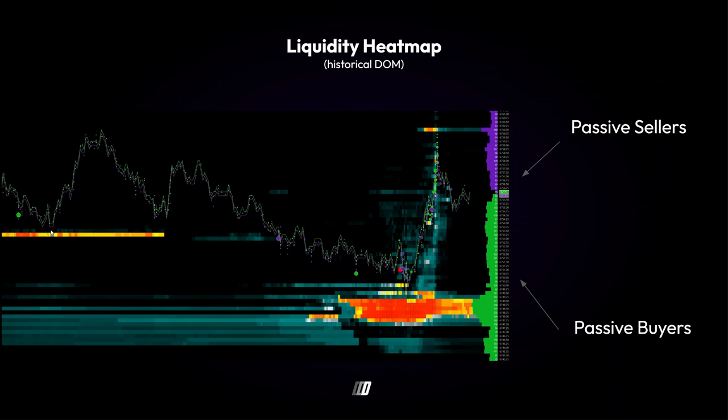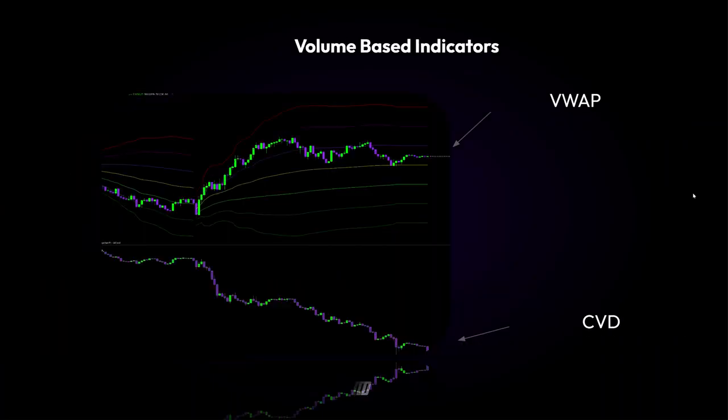Same here, a big level of liquidity that as soon as it gets deleted, it's completely ran through. This is other crucial information to take informed trading decisions.